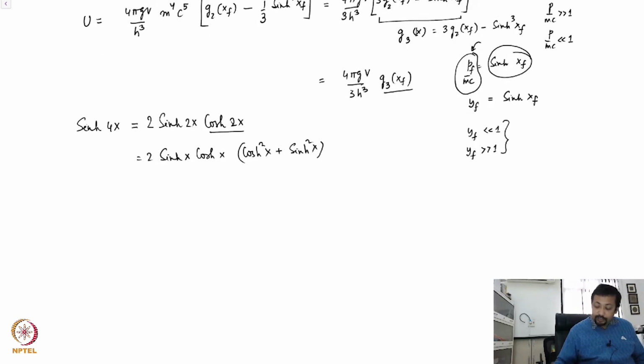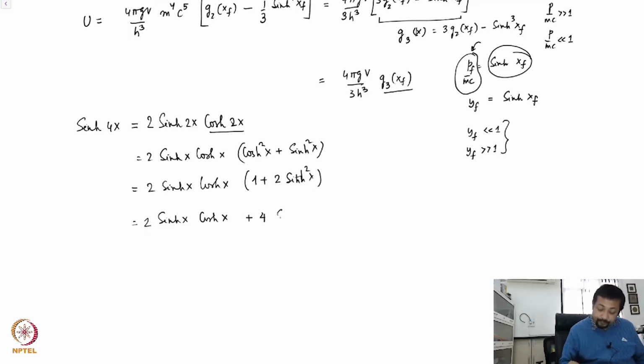If you want to write this predominantly in terms of sinh square x, you just use the cosine double angle formulas, except that the sign changes.